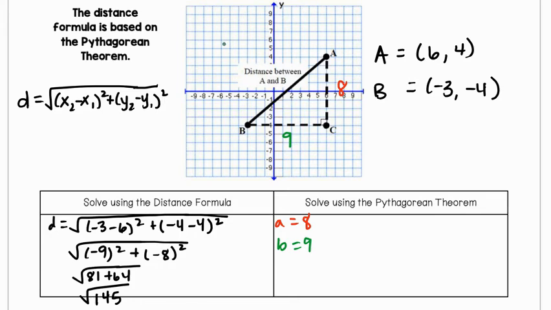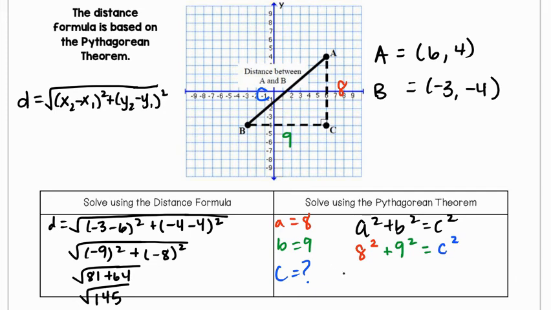We're going to figure out what our hypotenuse C is, which is going to be the same thing as the distance between A and B. So we don't know it yet, and we're going to use the Pythagorean theorem to help us. So we do A squared plus B squared should equal C squared. Well, A is 8, so 8 squared, we add that to B, which is going to be 9 squared, and we set that equal to C squared.